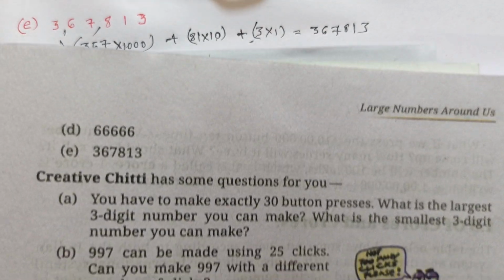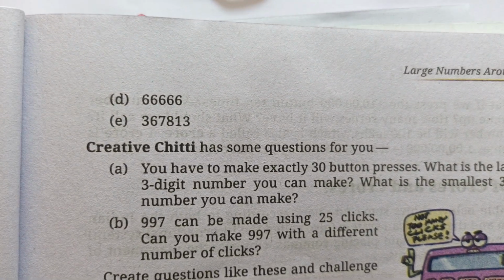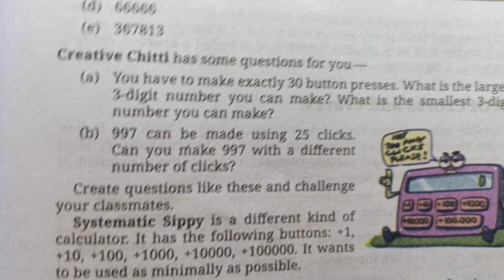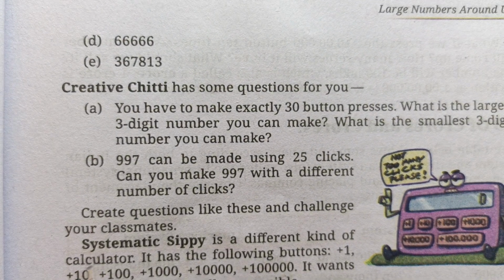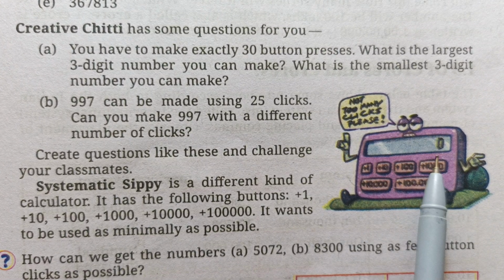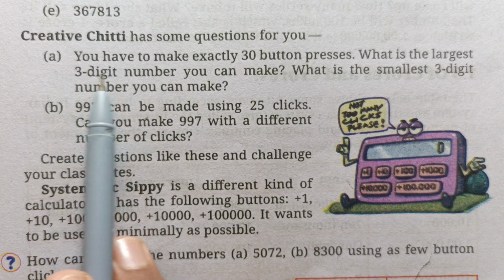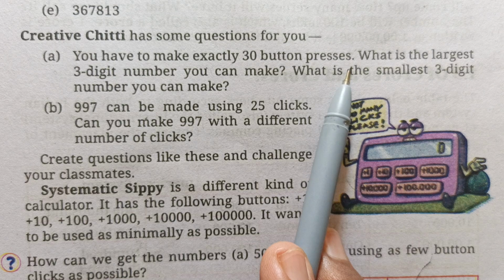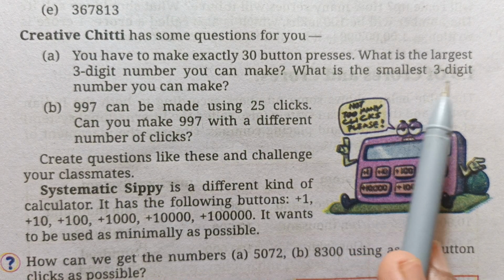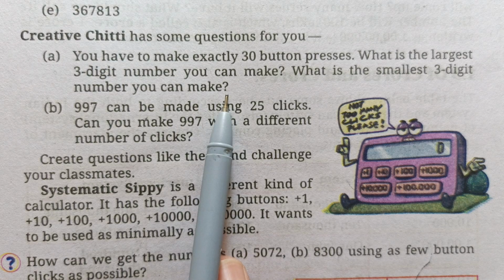So in page number 7, Creative Chitti has some questions for you based on this calculator once again. So in that ABT you have to make exactly 30 button presses. What is the largest 3-digit number you can make? What is the smallest 3-digit number you can make?